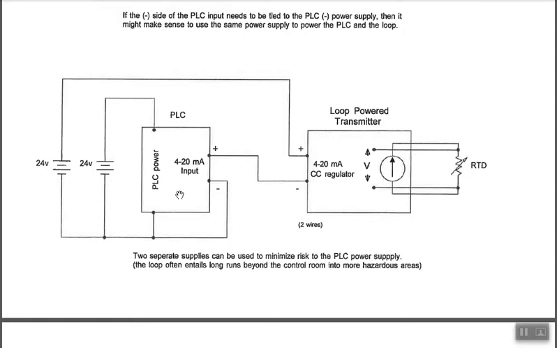If it's a differential input, I'd have to think about that. There might be a couple other subtle variations that you might have to deal with. For a differential input, you still have to put everything in series, so you just have to map it out. But for a loop powered, you think series circuit.